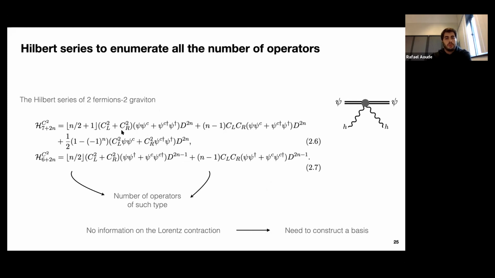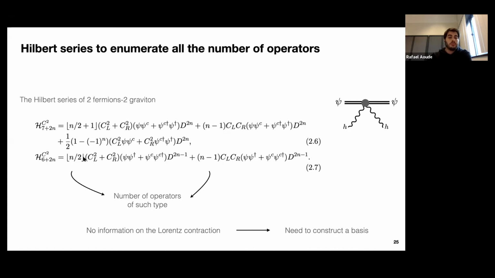So if you look closely at these two Hilbert series, this is the Hilbert series for odd mass dimension and even mass dimension. If you want to look for the number of operators, this is the Weyl tensor that has two left-handed gravitons and one right-handed and one left-handed fermion, and 2n minus 1 derivatives.